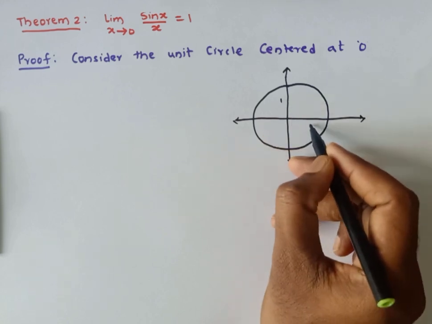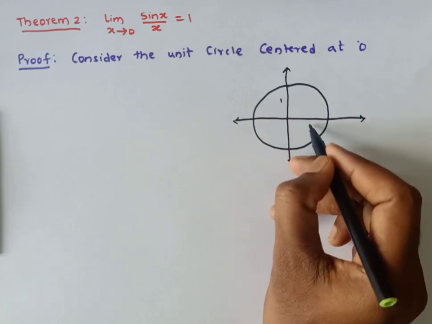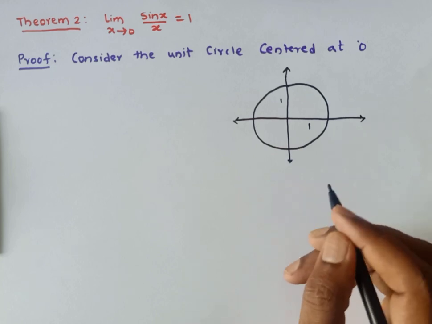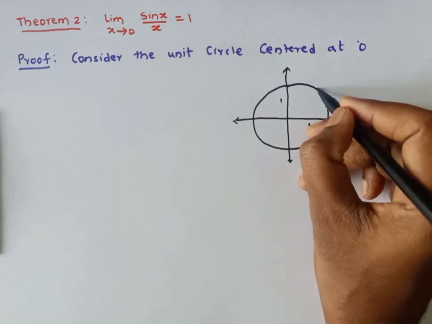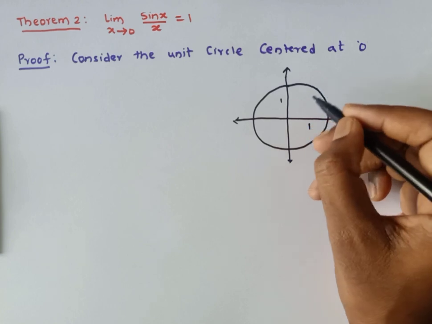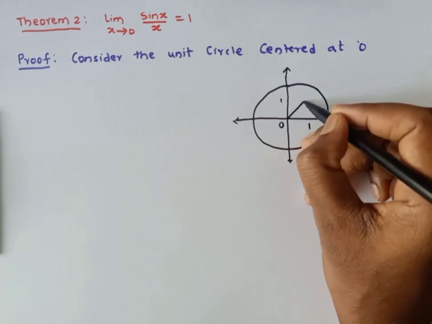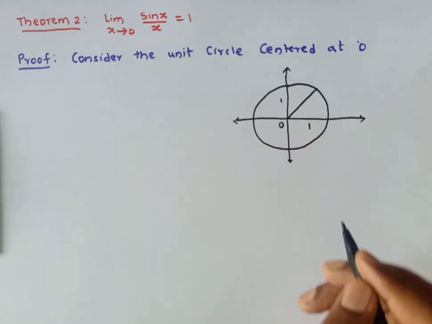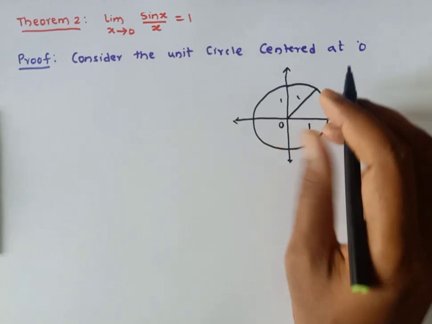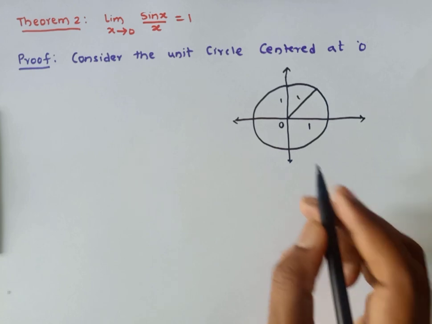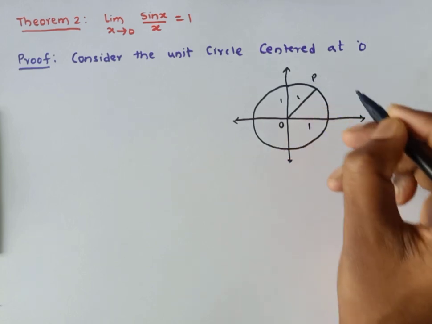So this length is 1, this is also 1. Now let P be any point on the circumference of the circle. If we join the origin and that point P, this is OP. This is also length 1, since it represents the radius of the circle.